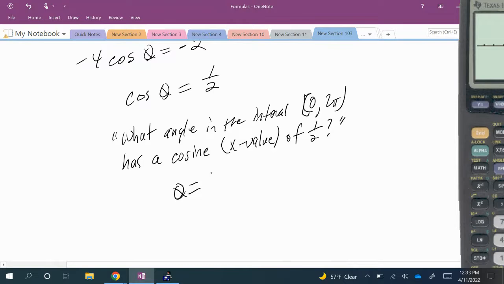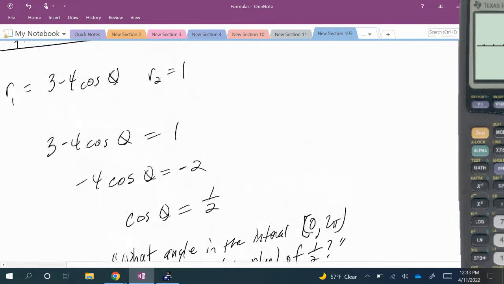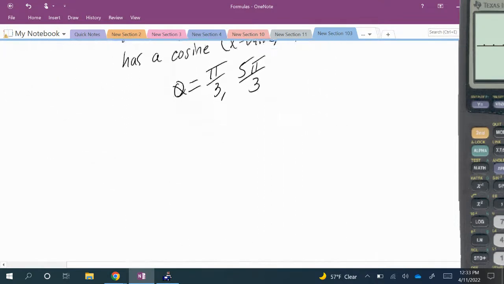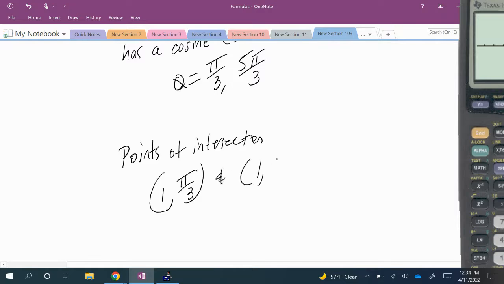So theta is equal to pi over 3 and 5 pi over 3. We've already determined, since r sub 2 has a radius of 1, our 2 points of intersection should be 1 comma pi over 3 and 1 comma 5 pi over 3.